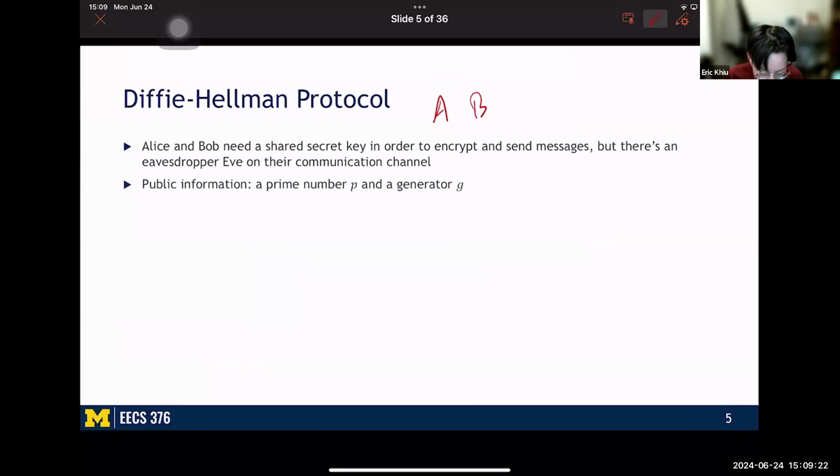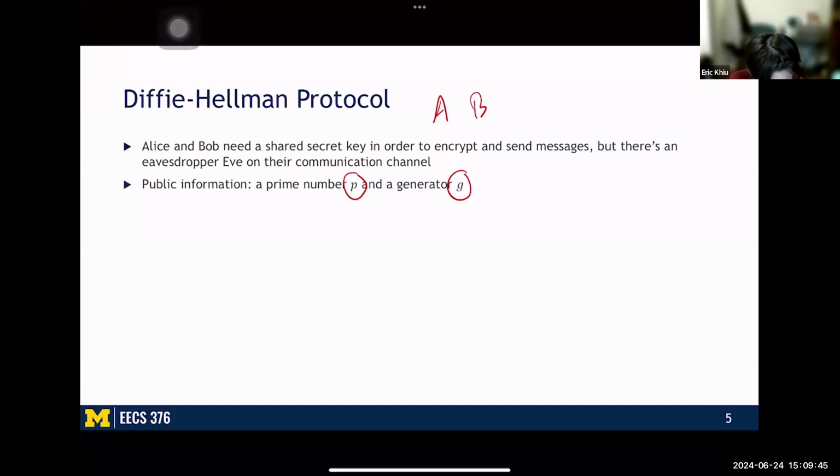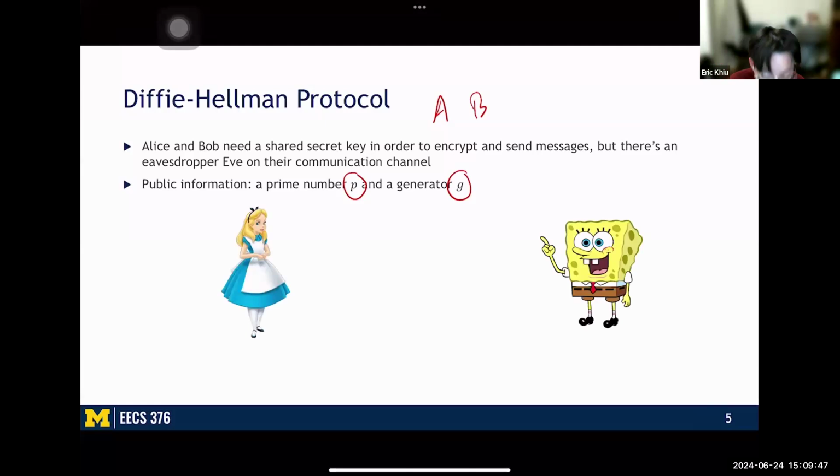First of all, they're gonna decide on a prime number P and a generator G. I hope you still remember what a generator is from last week: for the prime number P, it's the one that lets you hit everything in the congruence class. Alice will first choose a number A in Z_P star, where P is a prime number.